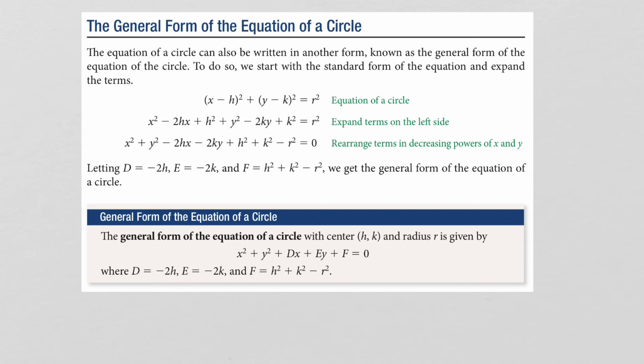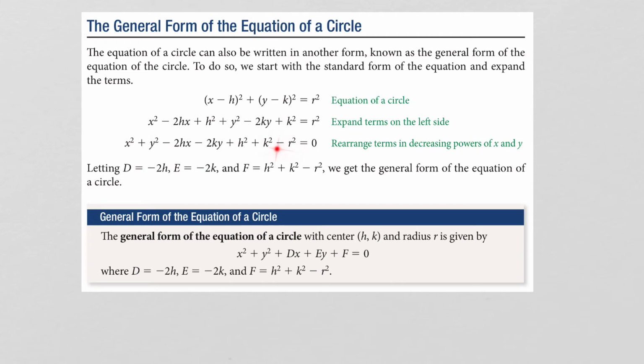Now remember, h and k are just numbers. So if h is a number, negative 2 times h is a number. So what we're doing down here is we're going to call this number, negative 2h, d. We're going to give it a new name. And we're going to call negative 2k, we're going to call that number e.